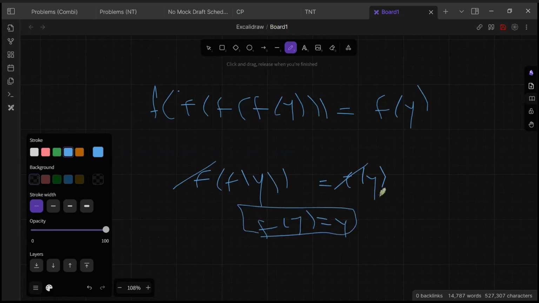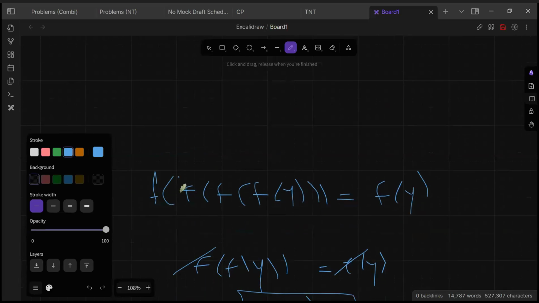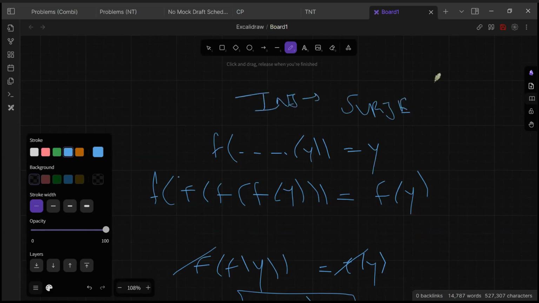That just solves the problem. Over here, if you have injectivity, then that would give f 3 times of y equal to y. This gives surjectivity, so that's also cool. But you need to have injectivity for surjectivity to hold. So yeah, it can give some things. Okay, thank you.